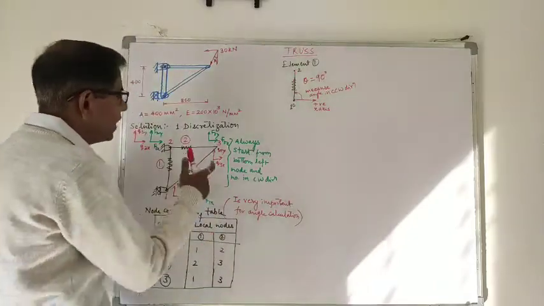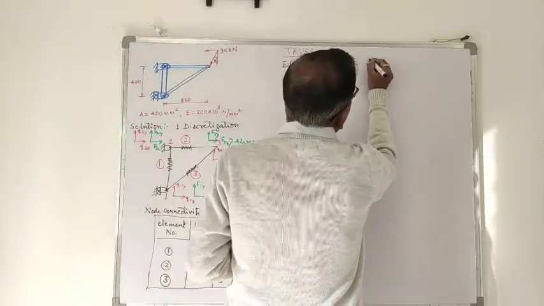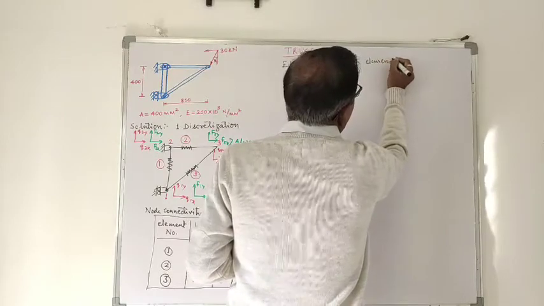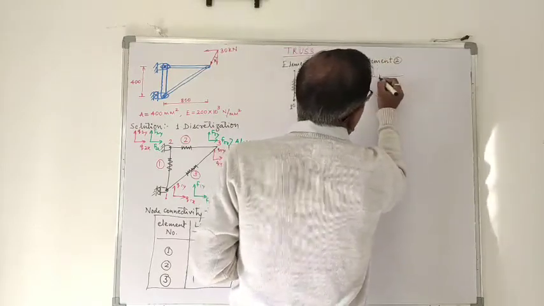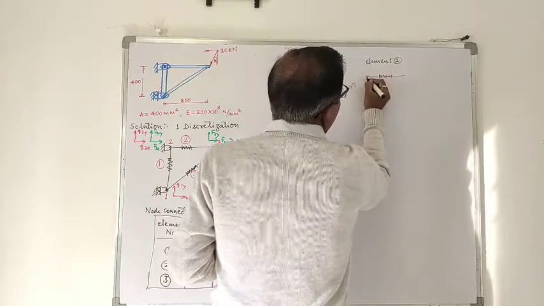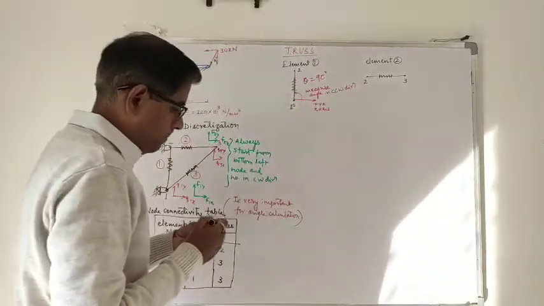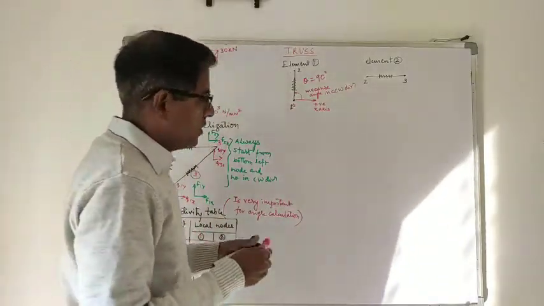Similarly, we calculate the inclination of element number 2. This is node number 2, this is node number 3. Now what is the theta value here?